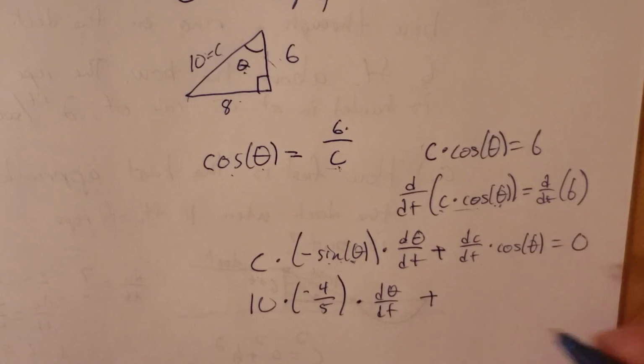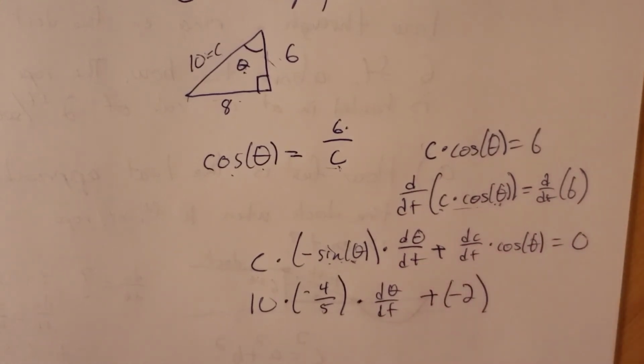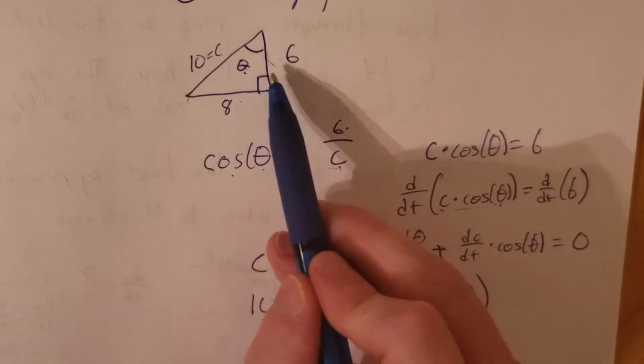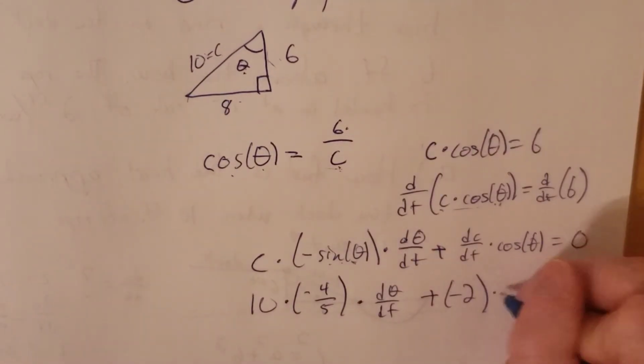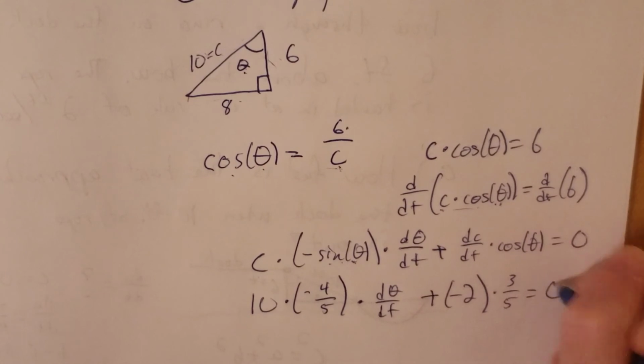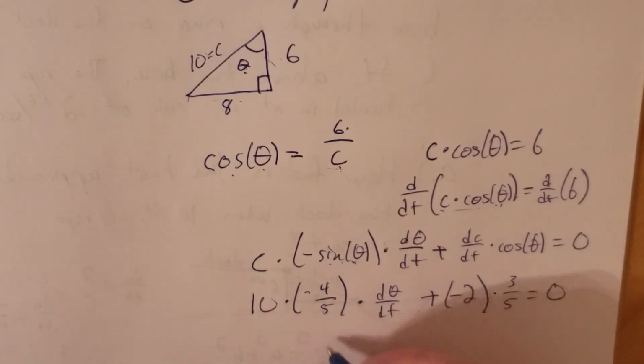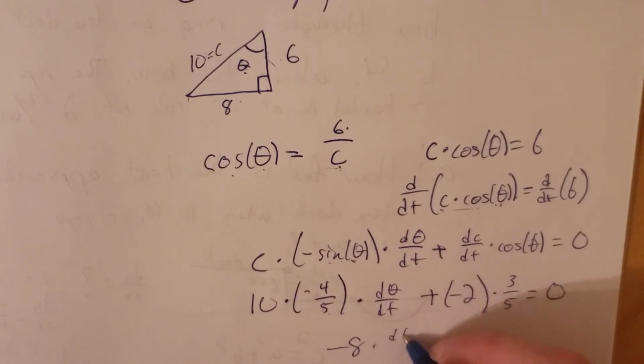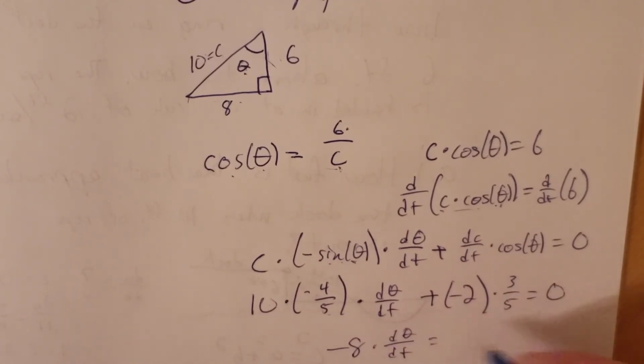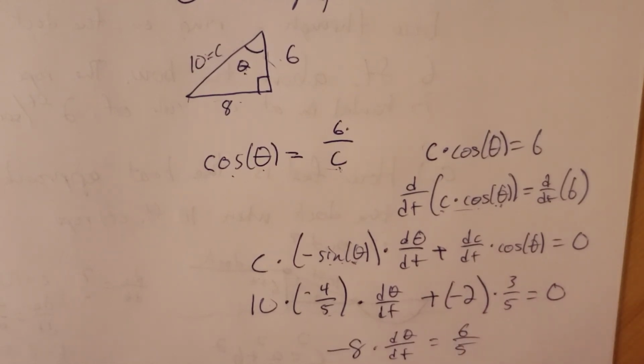Plus dc/dt, well, that was negative 2, times cosine of theta. Cosine of theta, if we look at this, is 6 over 10, so that is 3/5, is equal to 0. So here we get negative 4/5 times d theta/dt, plus negative 6/5, equals 0, so negative 4/5 d theta/dt is equal to 6/5.